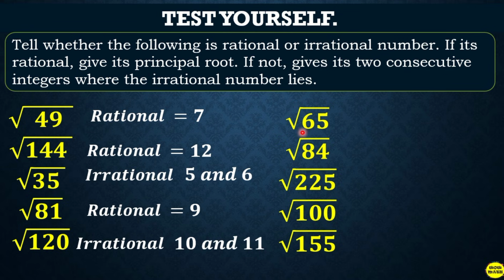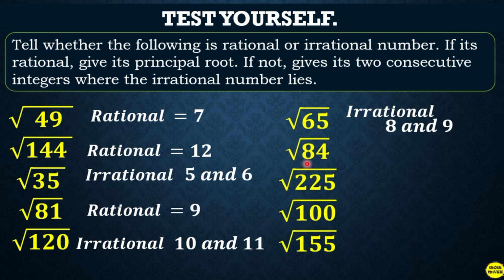Next, square root of 65 rather. So, this is not a perfect square. This is irrational. And this is between, nasa gitna siya ng, saan siya napapabilang? Sa square root of 64 and square root of 81. So, yung 64 at 81, that is 8 and 9.